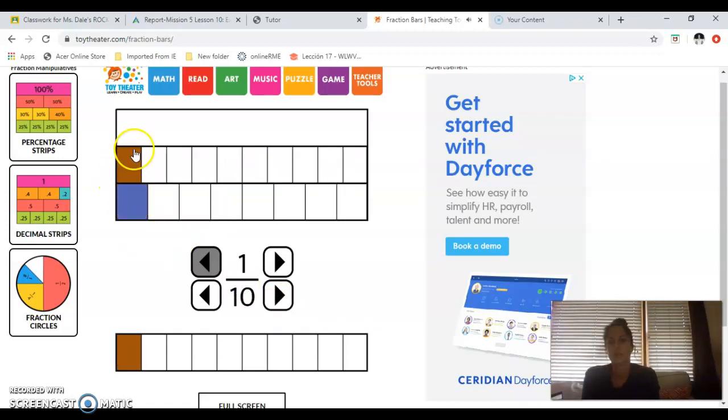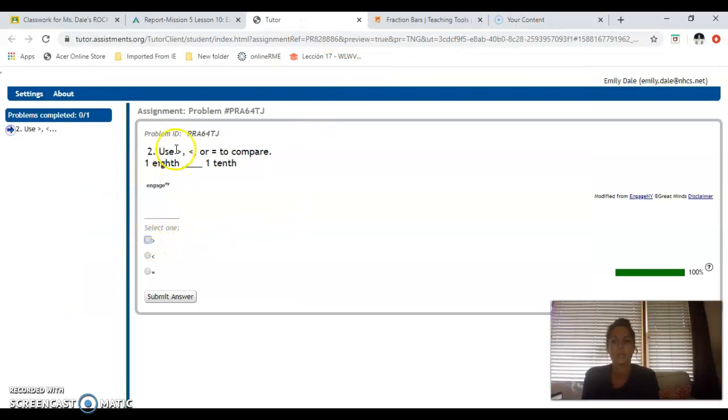Look up here. Which one is biggest? 1/8, right? 1/8 is bigger, look, than 1/10. So just because there's a 10 at the bottom, that means there's 10 parts, right? Versus 8 parts. 1/8 would be bigger, greater than 1/10. So I would want this one because it is eating the bigger fraction.